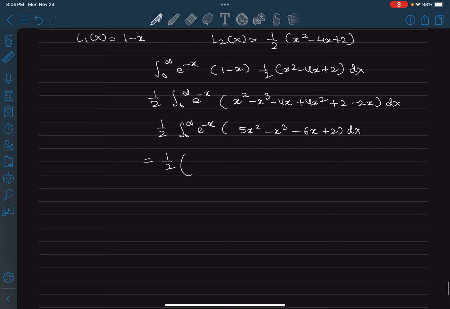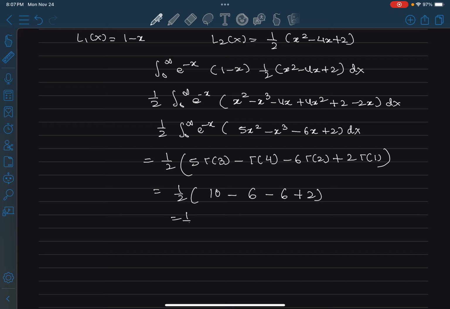Half times 5 times gamma 3 minus gamma 4, minus 6 gamma 2 plus 2 gamma 1, right? Okay, so half of 10 minus 6 minus 6 plus 2, which is 12 minus 12, which is 0.